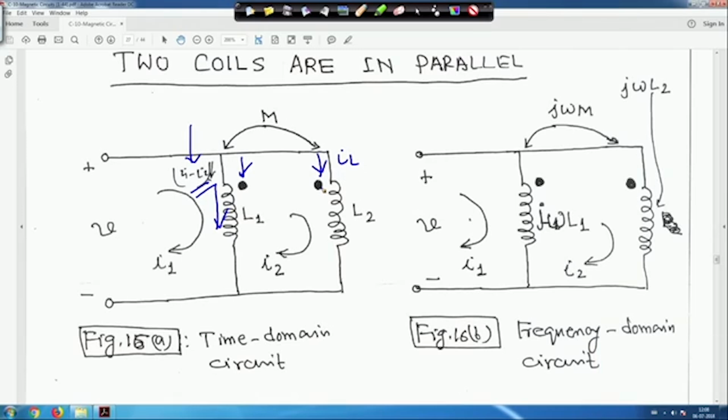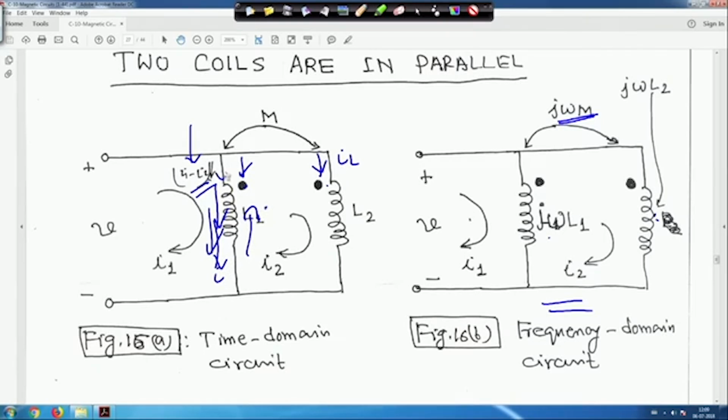This is in the frequency domain. There are two dots, and the mutual reactance j omega M is written here. This is j omega L1 and this is j omega L2, the rest are the same. As the two currents are entering the dot, I1 minus I2 in this direction and I2 in this direction, we have taken the resultant in this direction.